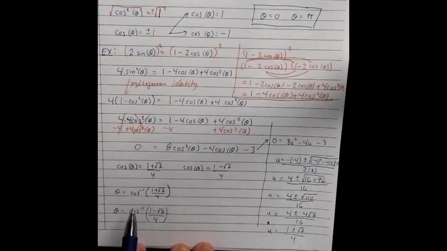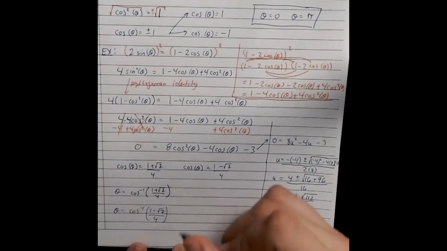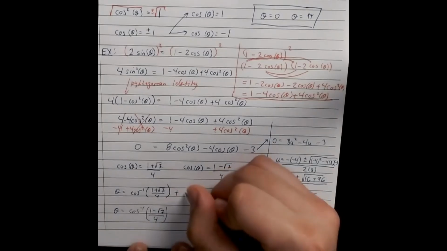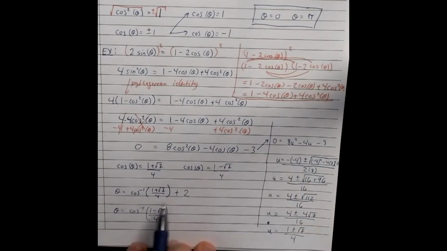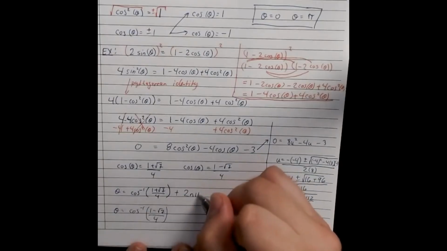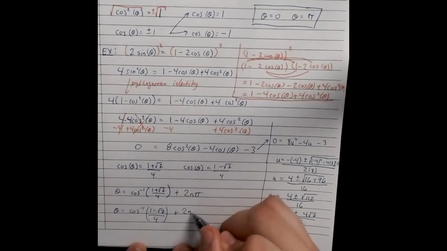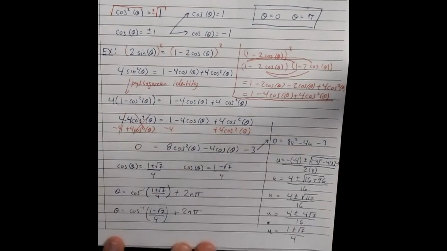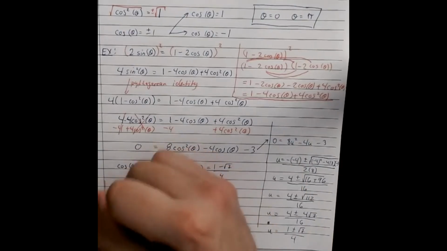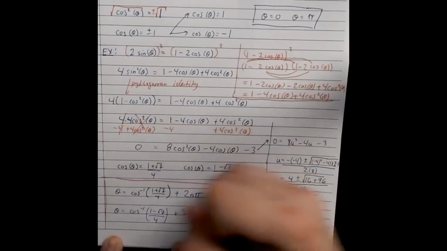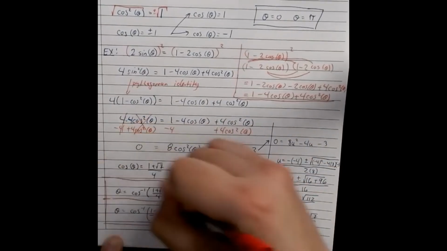If this is a solution to my equation, anytime I add 2 pi, it'll also be a solution. So here I have two families of solutions. They're going to be this plus any multiple of 2 pi, or same thing over here, this plus any multiple of 2 pi. And so here I have two families of solutions, and that gives me my results.